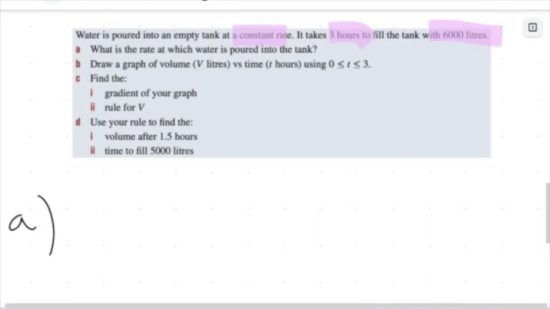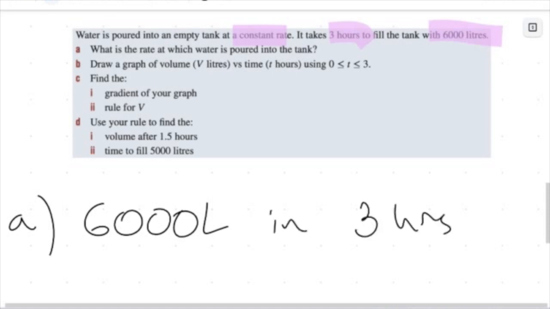Now if we put our rates caps back on from things we're doing in that topic, I have 6,000 liters in 3 hours. Now, rates always get written as some measurement or quantity, some unit per another unit, but per one other unit.